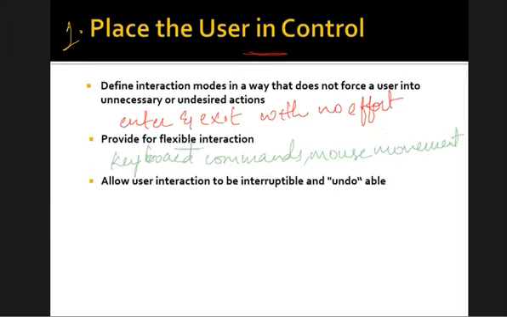Then the next one is allow the user interactions to be interruptible and undoable. This means that the user should be able to make changes without any interruption. Sometimes what happens is you do some specific action and you do not want that particular action, so you select the undo option or the control option.